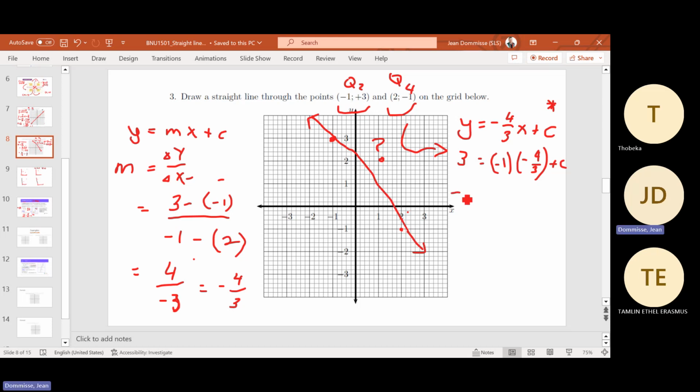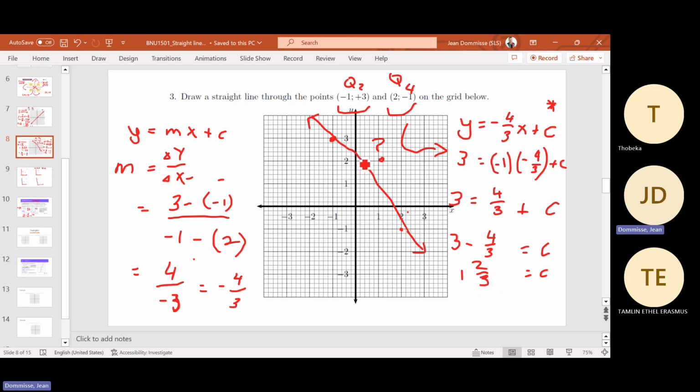So if we just simplify it a bit, -1 times that will be 4 over 3 plus c. Then to get rid of the 4 over 3, we will move it to the left-hand side. So 3 minus 4 over 3 is equal to c. The c will be equal to 1 2/3.